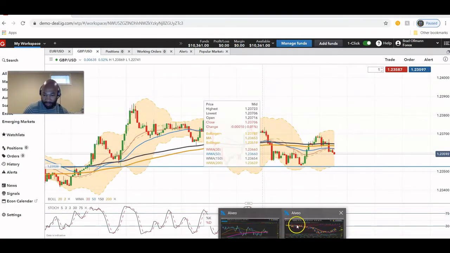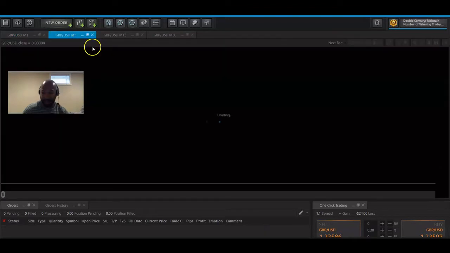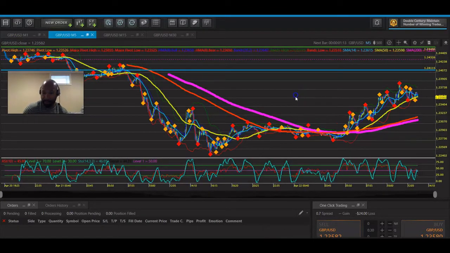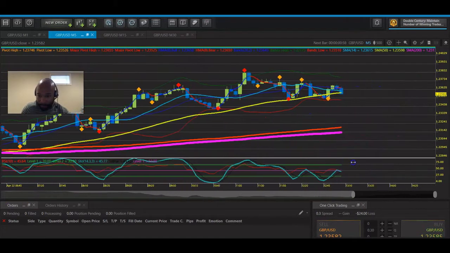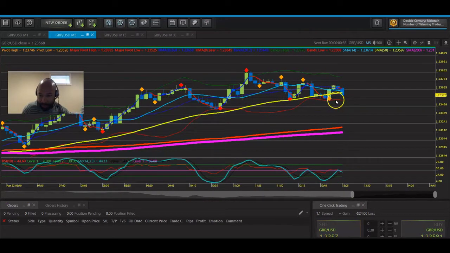If we look at the 5-minute chart of the GBP/USD, trend has been going up, but little by little you're seeing lower highs and just lower highs. Really, you're not seeing a lower low yet, because the bottom is still.